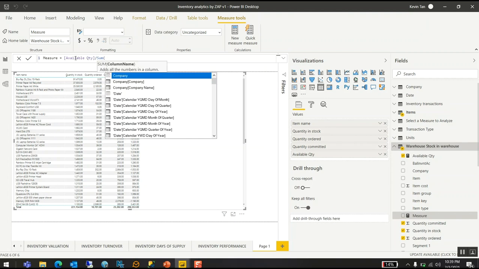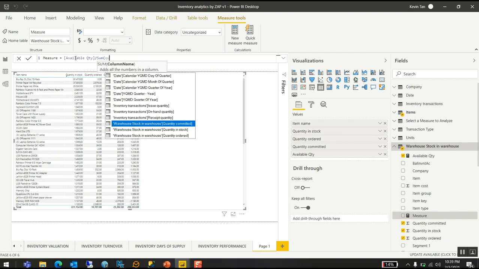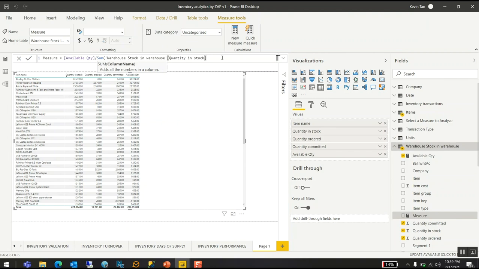So this will be sum, and then that is quantity in stock as the on hand. And just close that parentheses right there. Okay. Now once that's done, I should have a ratio that shows me the ratio of available quantity divided by the quantity in stock.